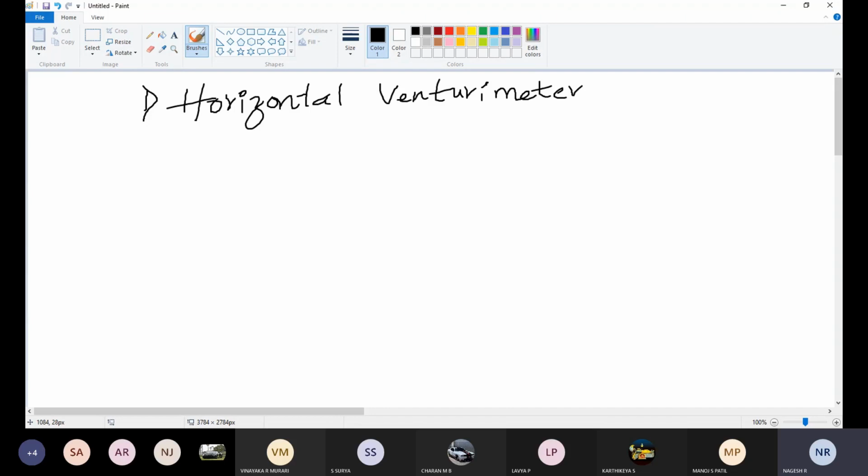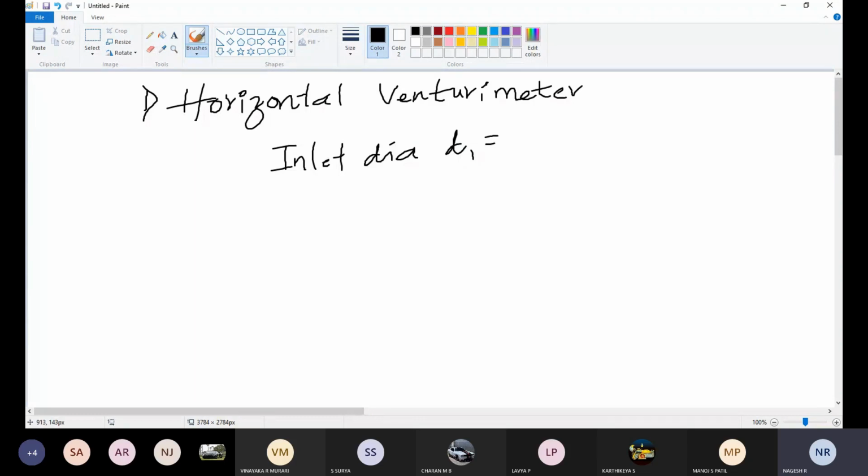Okay, then what he has given, with the inlet and throat diameters 30 centimeter and 15 centimeter. So inlet dia, that is D1, is equal to 30 centimeter.